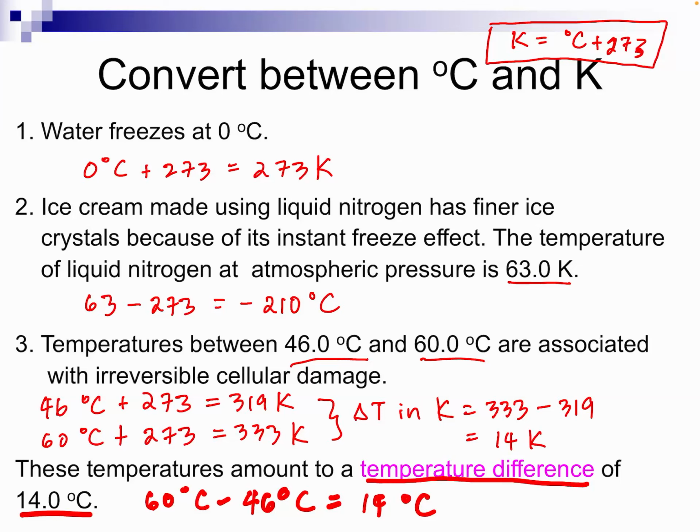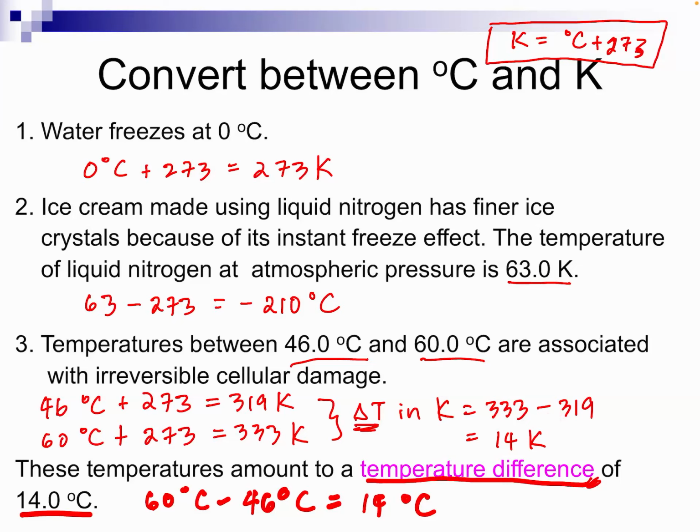Okay. So here is now an important concept where if you convert Celsius to Kelvin, you add 273. If you convert Kelvin to Celsius, you take away 273. But if you're taking the temperature difference, delta T, notice how the temperature difference in Kelvin is the same as the temperature difference in Celsius.